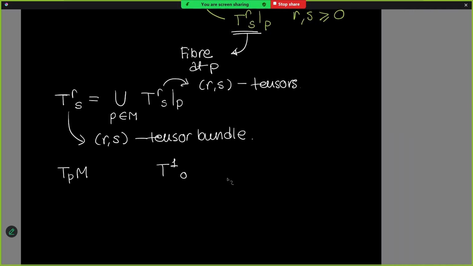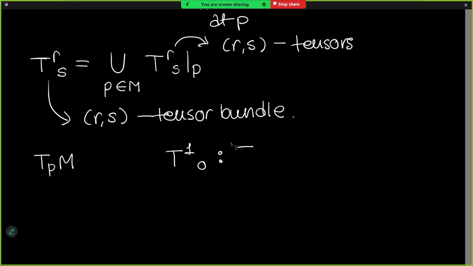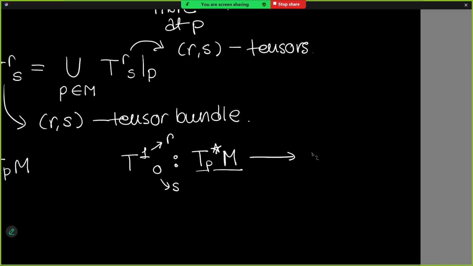What's T10? In terms of the first definition, it takes one copy of TP star M. So R equals 1, we take one copy of TP star M and 0 copies of TPM. So it's a map that goes from TP star M to C.